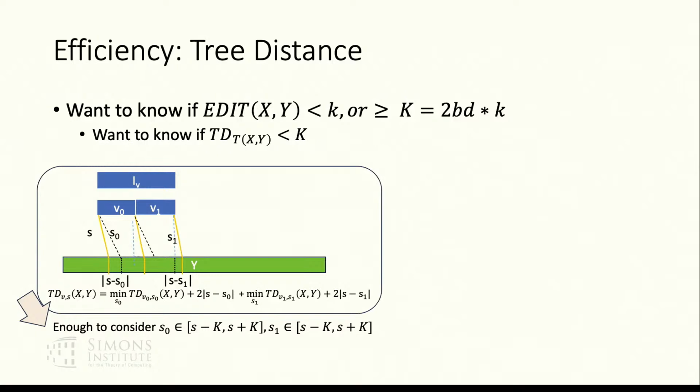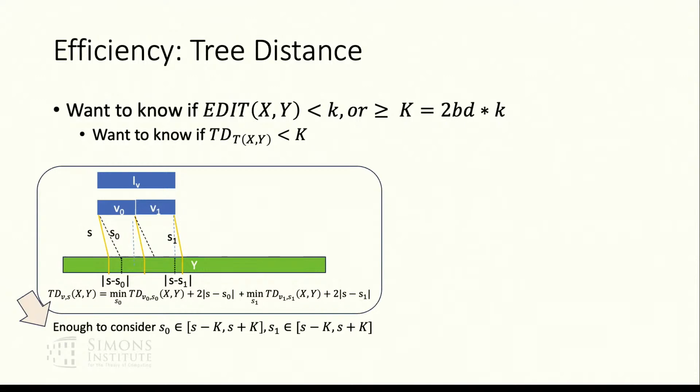Now that means I really want to know whether my tree distance is less than capital K. Because if tree distance is greater than capital K, then for sure I know edit distance is greater than small k, and I can return no. And otherwise, if tree distance is less than capital K, then I know my edit distance is less than capital K, and I can return yes. So really the problem we are trying to solve is whether my tree distance is less than capital K.